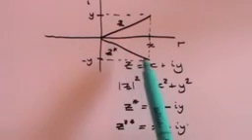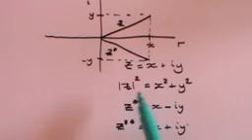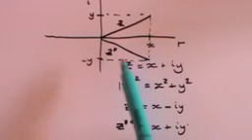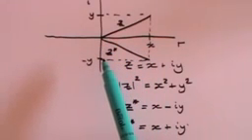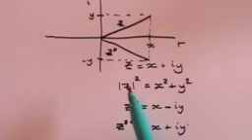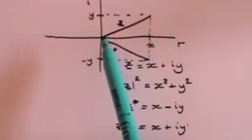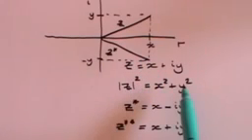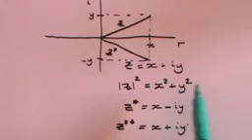You'll notice that the modulus, the length of this vector squared, is still going to be x squared plus y squared, because you're going to get x squared plus minus y all squared, and minus y all squared of course is plus y squared. So the modulus of z and the modulus of z star, or the complex conjugate of z, is always going to be x squared plus y squared.